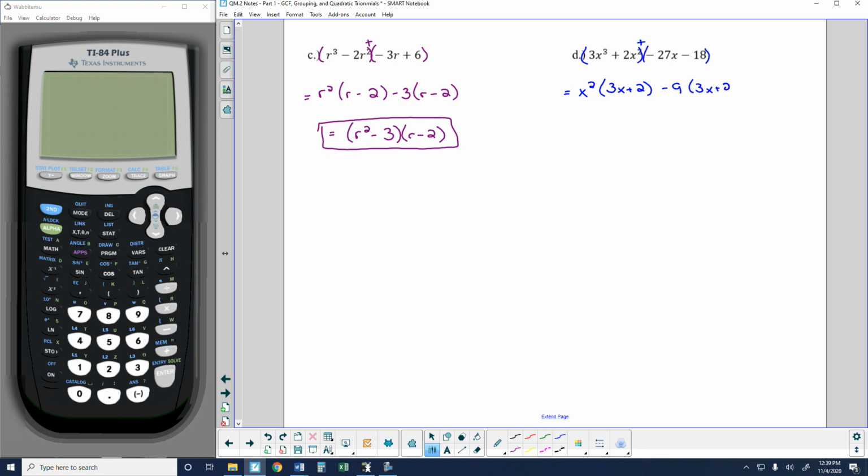And now I notice that I have 2 binomials that are the same in the parentheses. So their coefficients are factors. So then I would rewrite this as x squared minus 9 times 3x plus 2. And there we have the final answer.